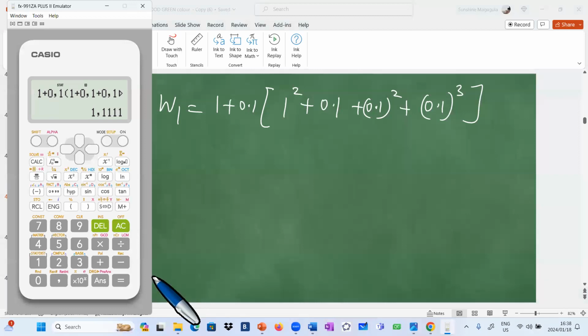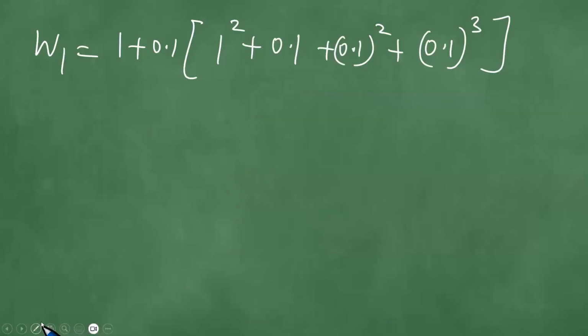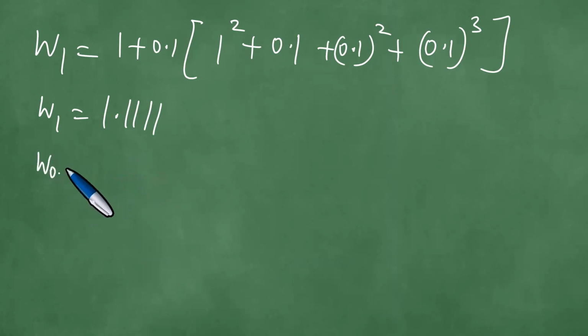Right. It appears it's 1.1111. So it appears that the answer we're getting is that W1 is 1.1111, like so. Okay, now this is the answer we're getting, but this is in the spirit of the computations because W0 is 1 from dy/dx.